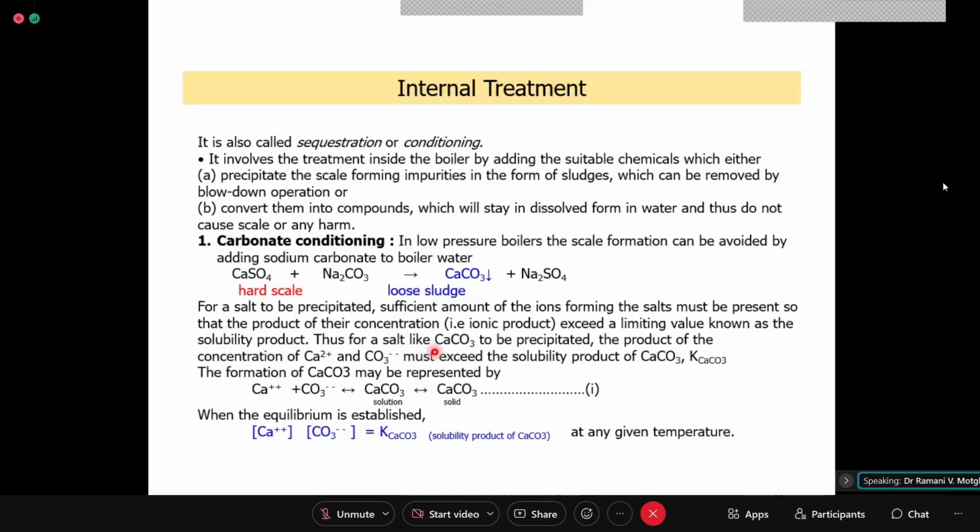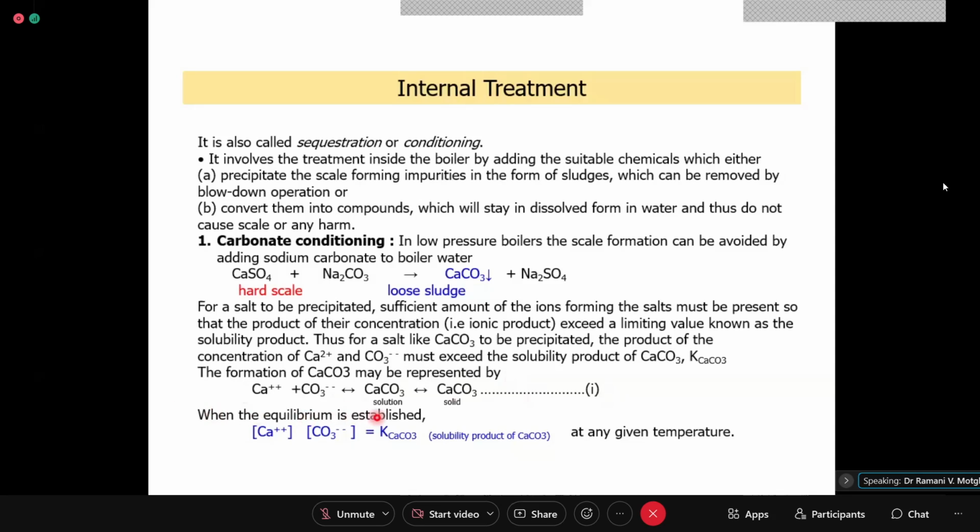Thus, for a salt like calcium carbonate to be precipitated, the product of the concentration of calcium and carbonate ions must exceed the solubility product of CaCO3, that is Ksp of CaCO3. The formation of calcium carbonate may be represented by this equation, say equation 1.